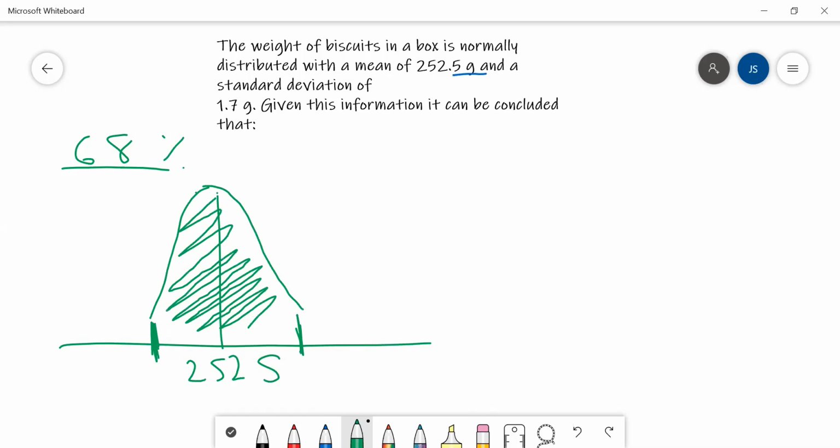So around 68% sits between this range to this range. Question is, how do we find this range?